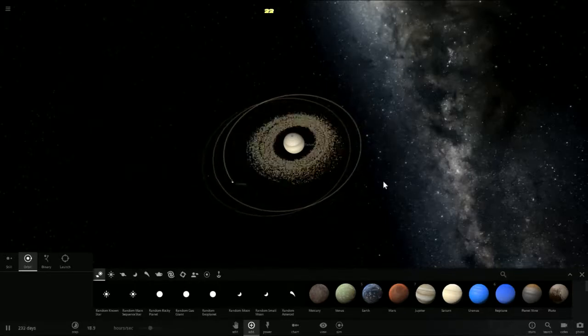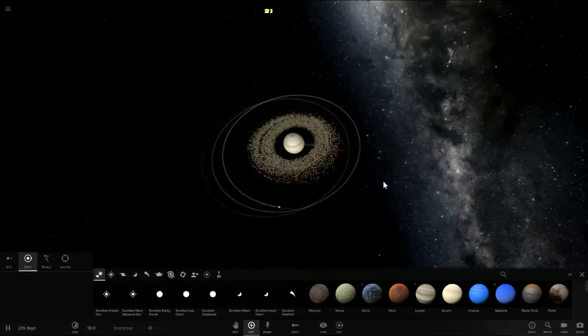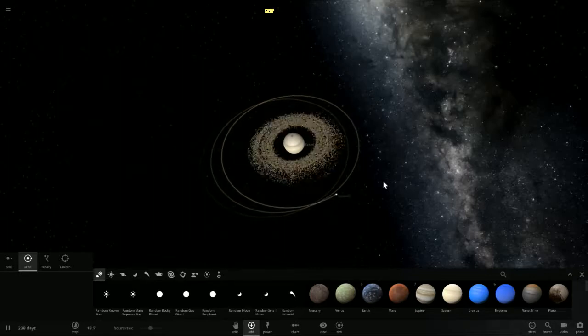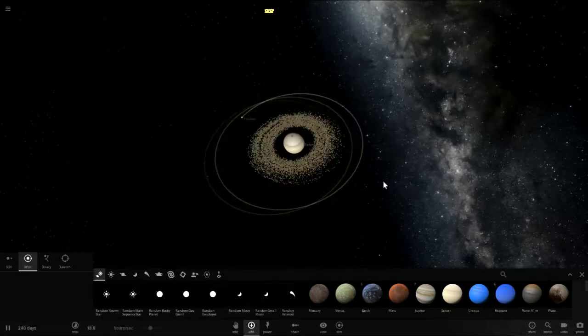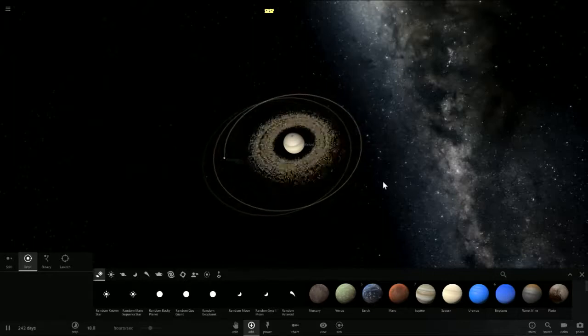I think the moon was big enough to hold onto a thick atmosphere, probably a little bit thicker than Earth's, and it also had enough gravity to hold on to water.